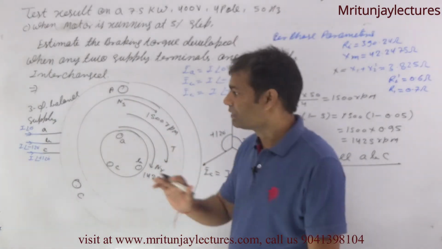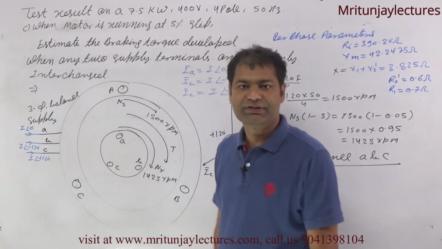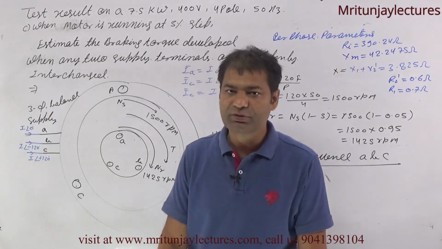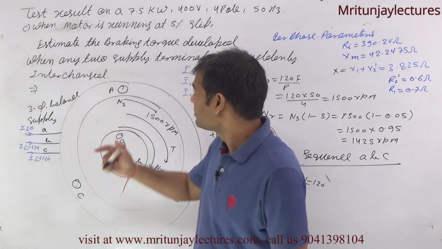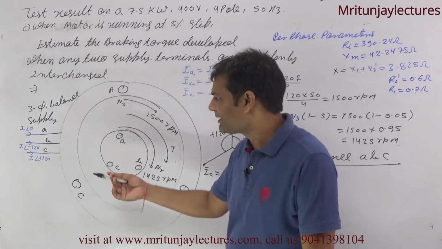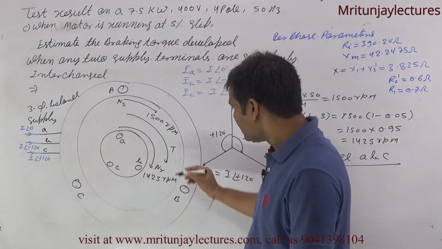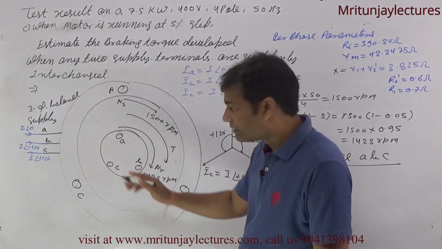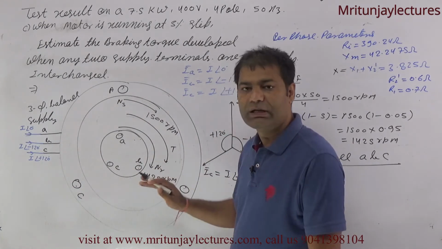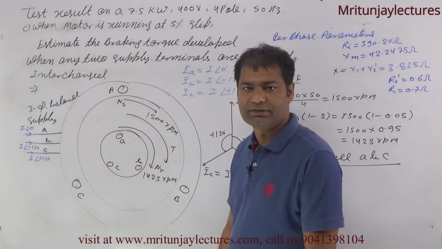That is the case when a three-phase balanced supply is on the stator side. Now, corresponding to the question, when any two supply terminals are suddenly interchanged, it means the rotor is running in this condition and then the supply terminals are suddenly interchanged.